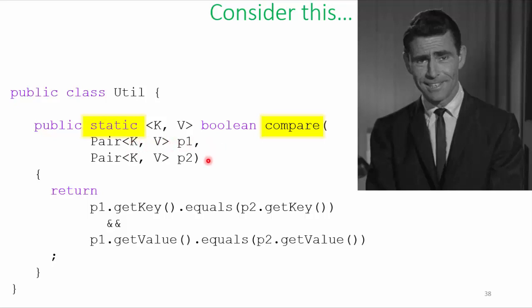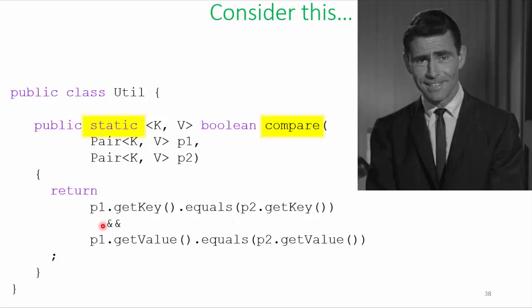Okay, all that matters is that if you are comparing two Pair objects p1 and p2, they are instances of the same class, Pair of K and V, whatever K and V are. Okay, so you cannot have a comparison of a pair of String and Integer with a pair of Double and Integer, for example. The code itself is relatively easy. We call getKey on p1, and then we test if it's equal to the key that we receive from calling getKey on p2.